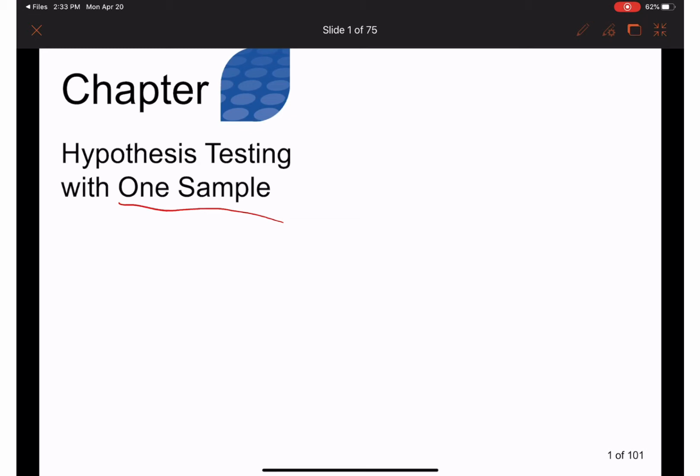It's reject, or fail to reject. We don't use accept in the language of statistics. So that's what hypothesis testing is for.